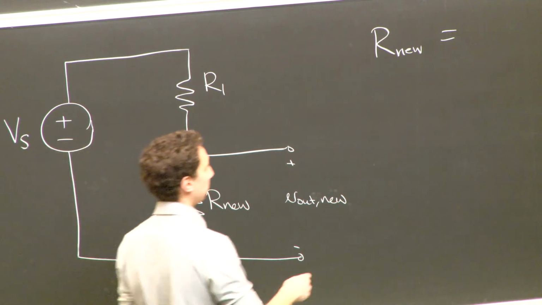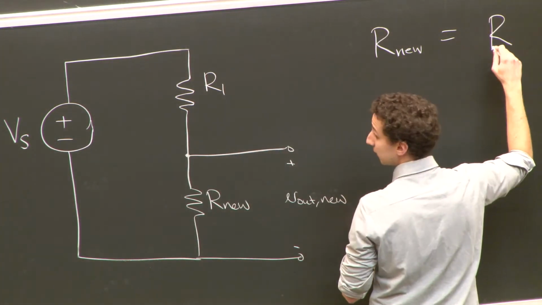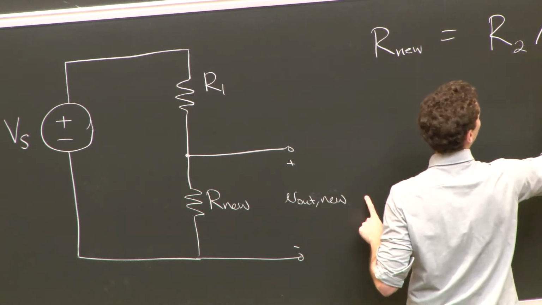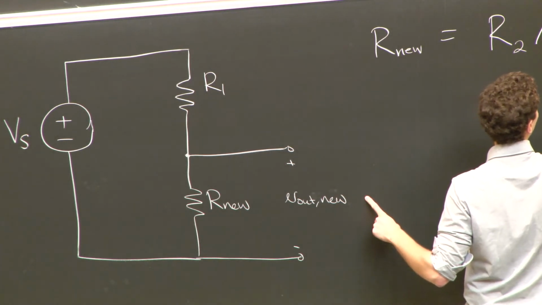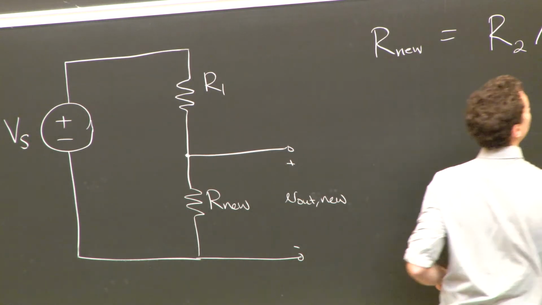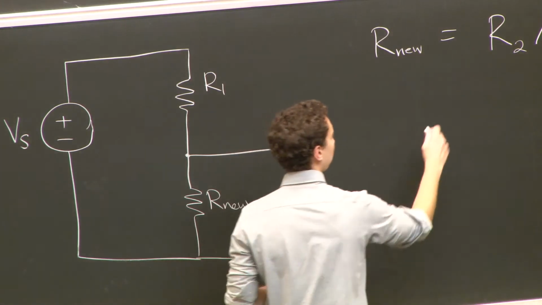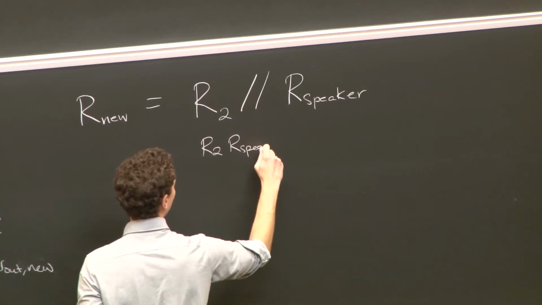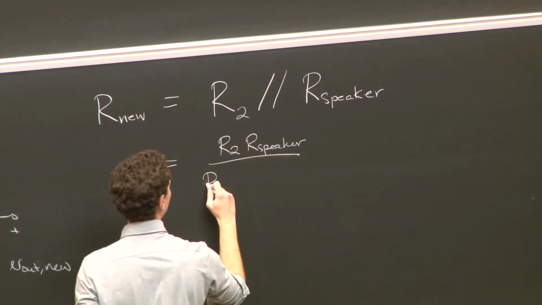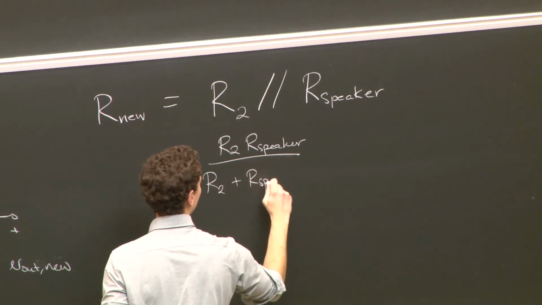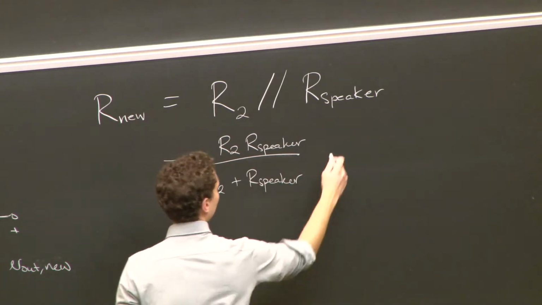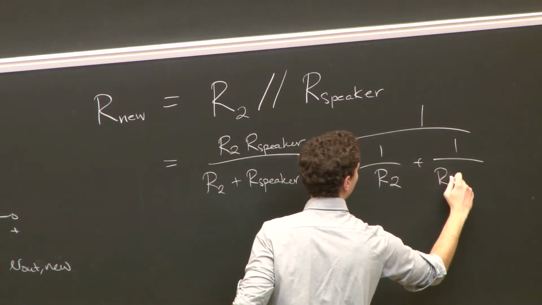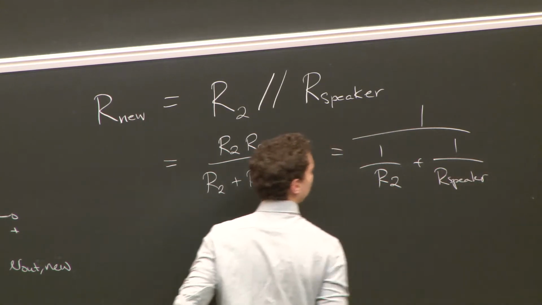If we remember from last time, R2 parallel R speaker, which, if we want to write it out explicitly, is R2 R speaker over R2 plus R speaker, or 1 over R2 plus 1 over R speaker.